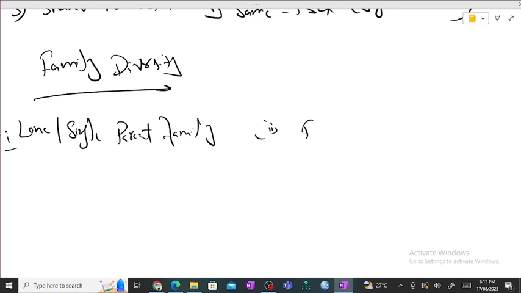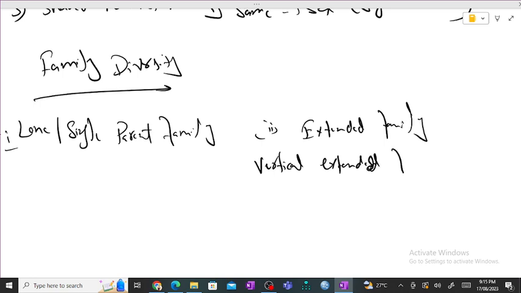Another could be the extended family. Extended families are a different type of family structure that takes two basic forms. It could be a vertical extended family or a horizontal extended family.